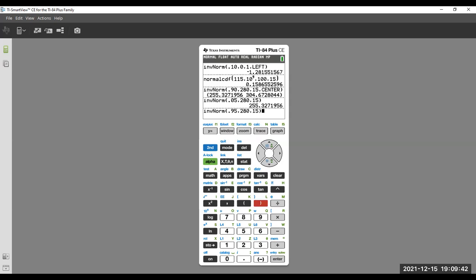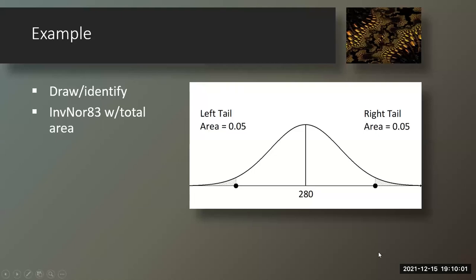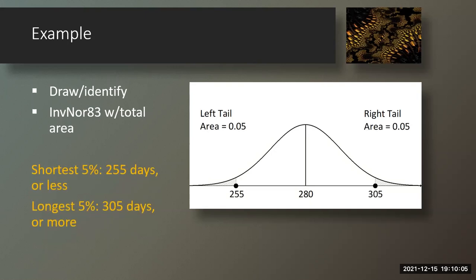Now I'll get the 304 and change. And there it is. So you may have to think your way around the problem like that if you do not have access to that left, right, center option. But in any case, it's eminently doable. And you'll end up with the longest and shortest number of values there.